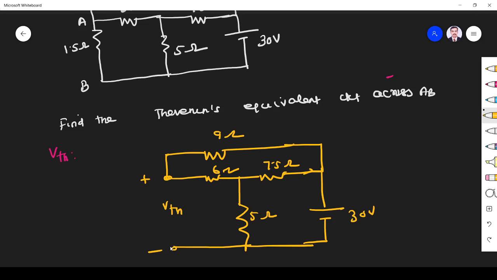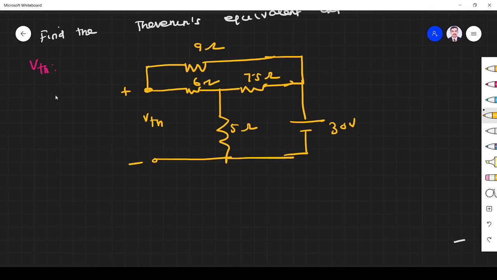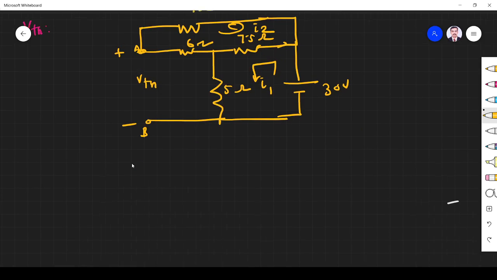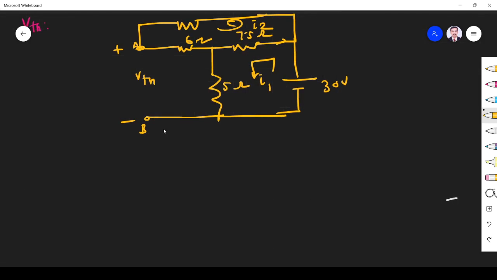Fine. Okay. So let me apply KVL to find the voltage across this terminal AB. So let us assume the current flowing through this is I1. Here the current flowing through this is I2. Okay, so I want to solve this.